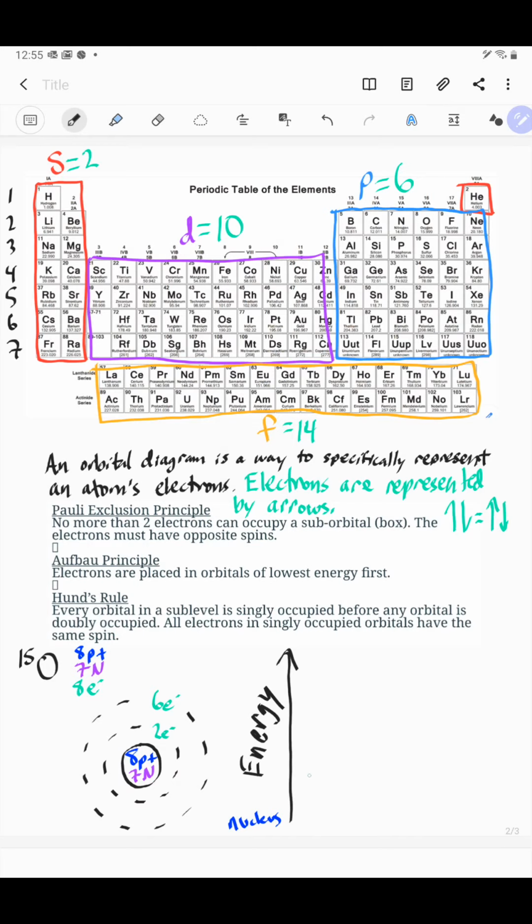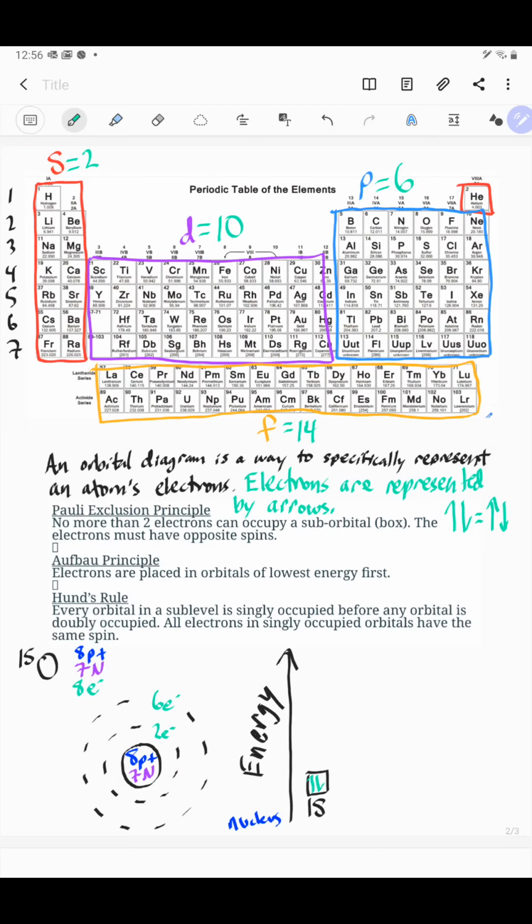So our first energy level is going to be a box right here, and we're going to label that as 1. We have a 1 right here, and both of the electrons here are going to be part of the S block. Okay, so we're going to label this 1s. And I'm going to fill in my electrons. So 1 arrow pointed up, 1 arrow pointed down.